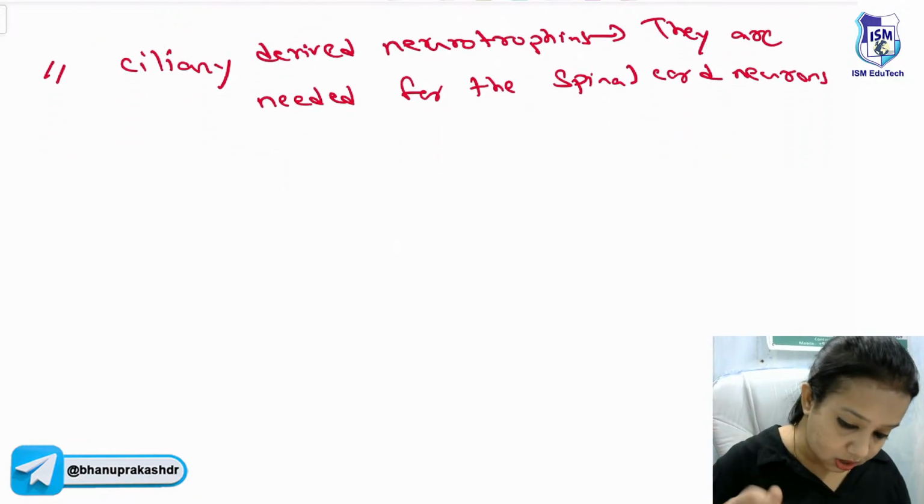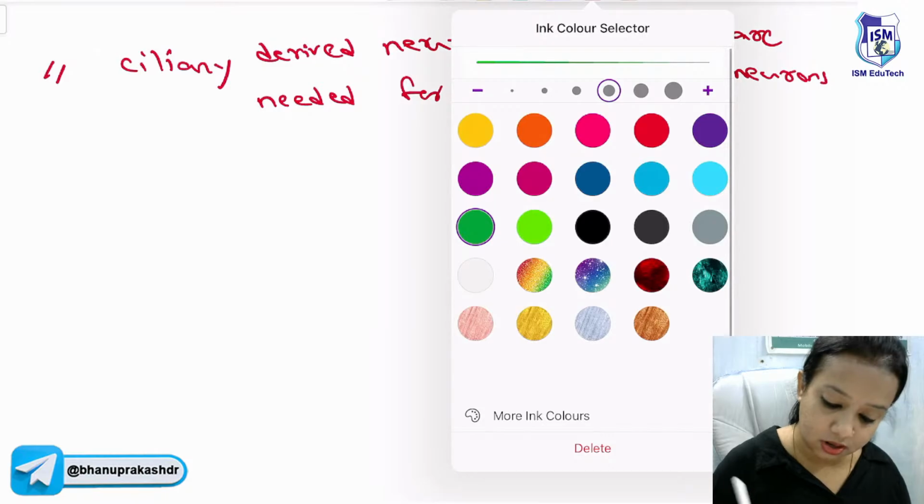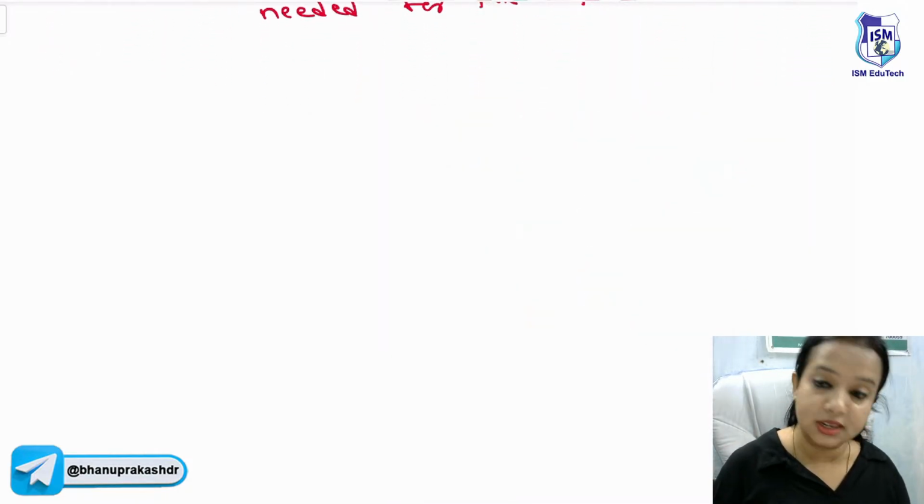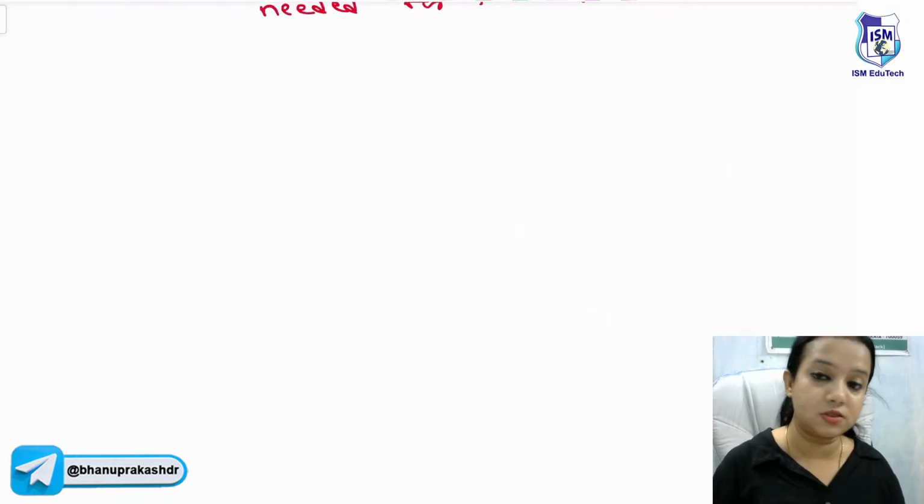Now, a small clinical condition for our concept knowledge, attached to the deficiency of these neurotrophins.